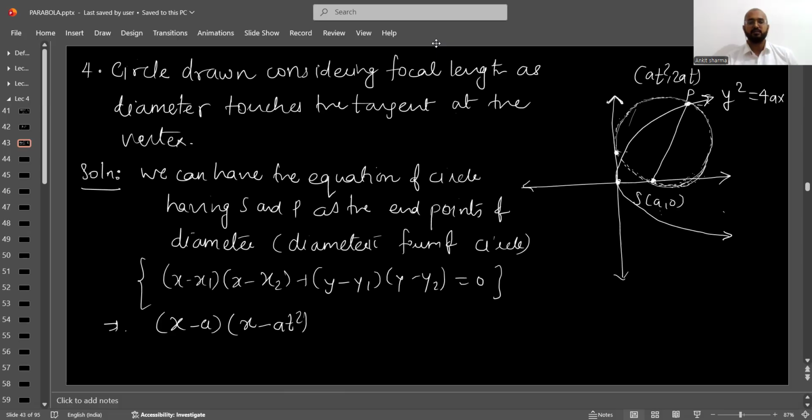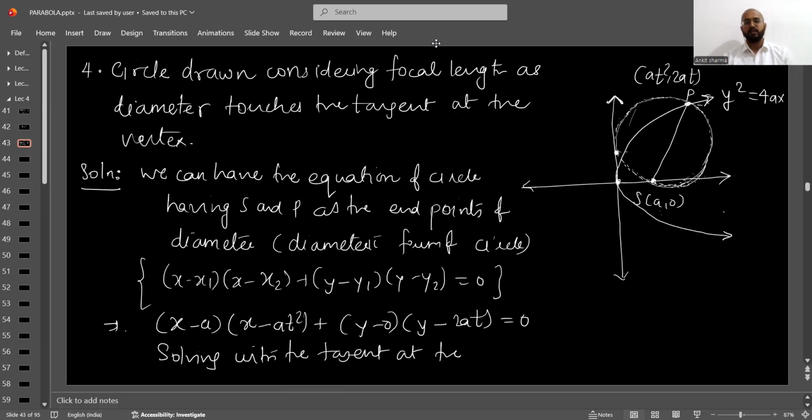So we can write down here this, plus y minus y1 is 0, and then again y minus 2at is equal to 0. Now, this is the equation of the circle, which I'll leave as it is because we should not be modifying this further. Ultimately, most of the terms are going to get cancelled. Now, solving with the tangent at the vertex.